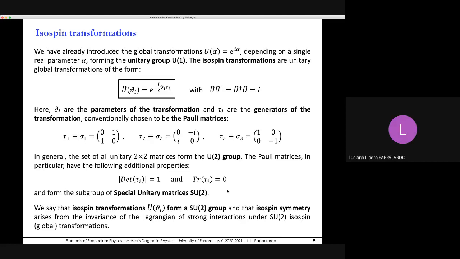Prof? Yes. Question. Sure. When we introduce the group transformation SU2 in 3D space, we can do this basically because there is a homomorphism between SU2 and SU3.